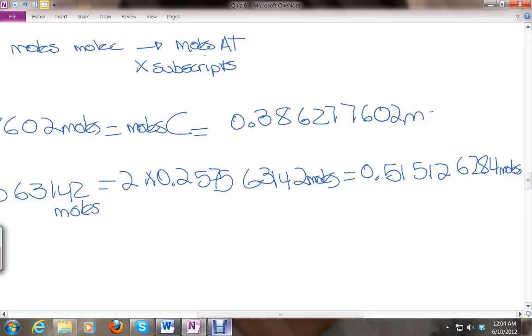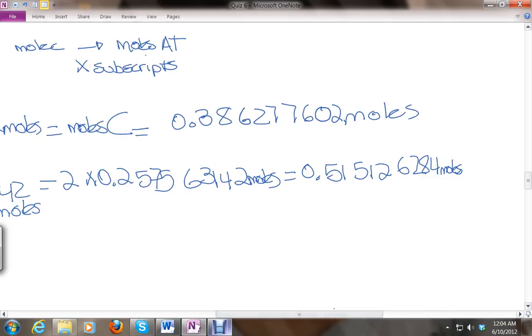So now remember what we used to do with empirical. Once we get the moles of each one, carbon and hydrogen, we have to divide by the smallest one to get the ratio. And the smaller one is the carbon, 0.386277602 moles. And then we get the ratio.